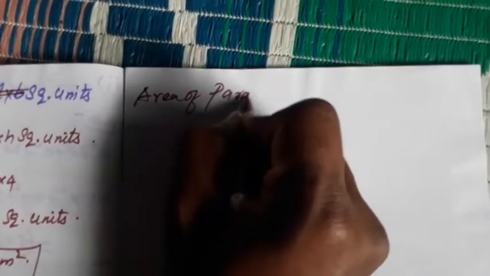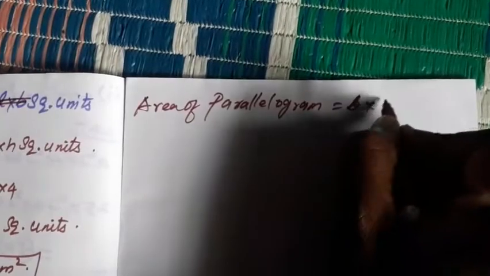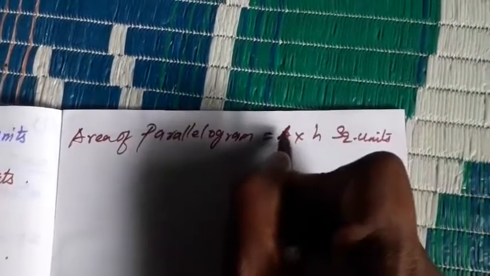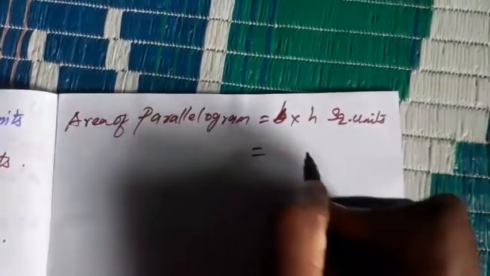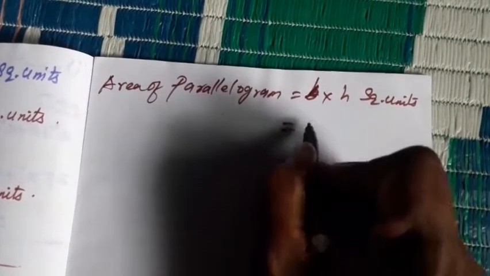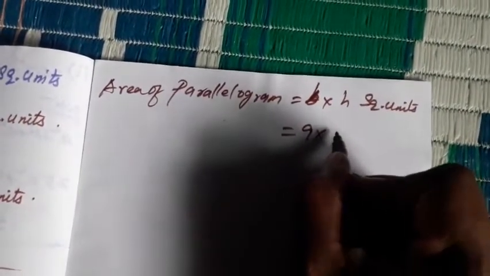Now we want to find the area of the parallelogram. Area of a parallelogram is B into H square units. We know B is 9 and H is 16.